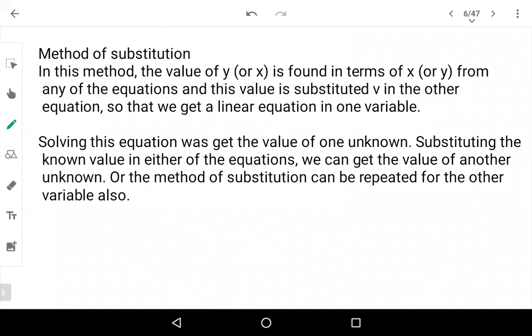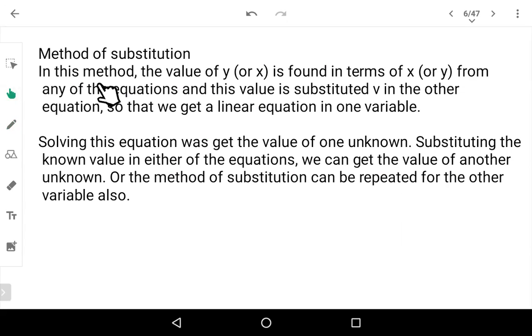Now, let us also learn the method of substitution. Now, once we learn both the methods, we have problems where we will be applying or solving using both the methods. Okay. So, let us also learn method of substitution. Listen now, concentrate.